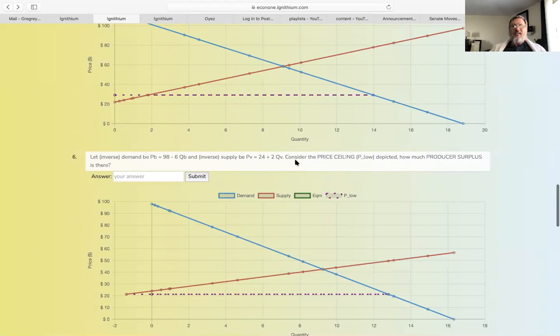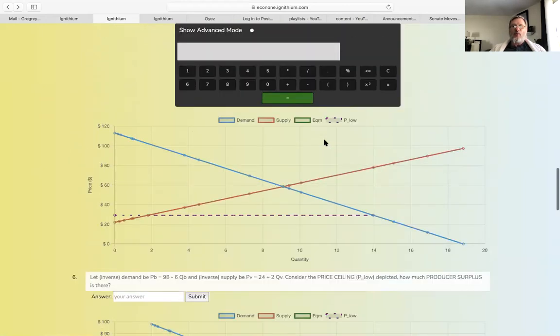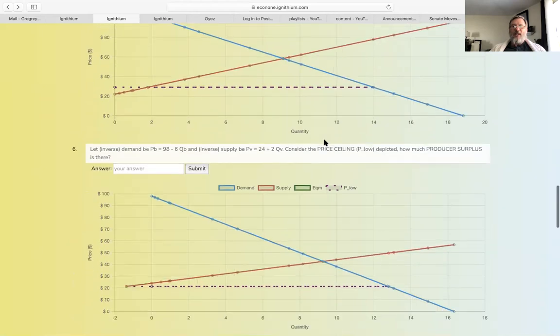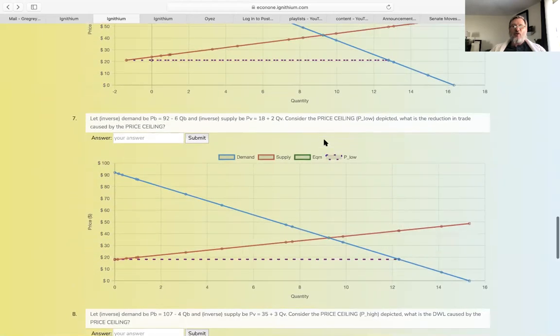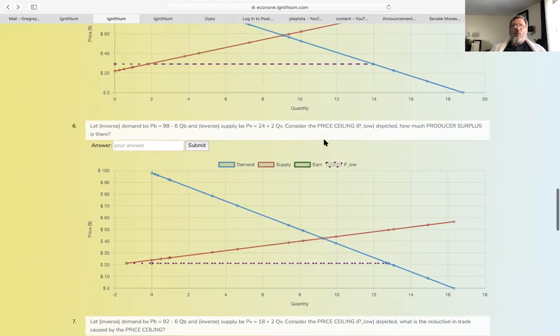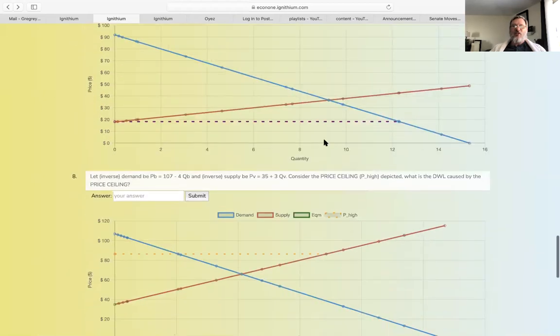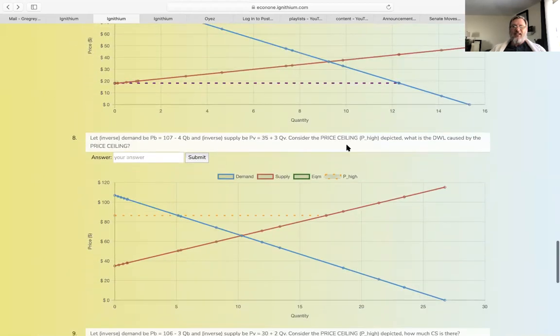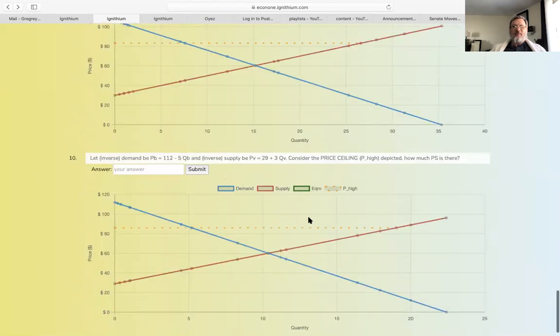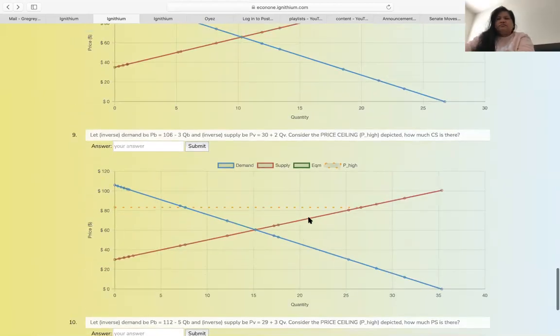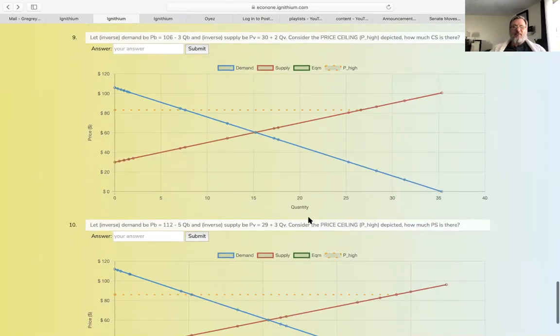So this is a price ceiling. It switches from a non-binding price floor to a price ceiling. My intuition is that most of these will be binding, and then it goes to non-binding price ceilings, which look like price floors, but they're non-binding.